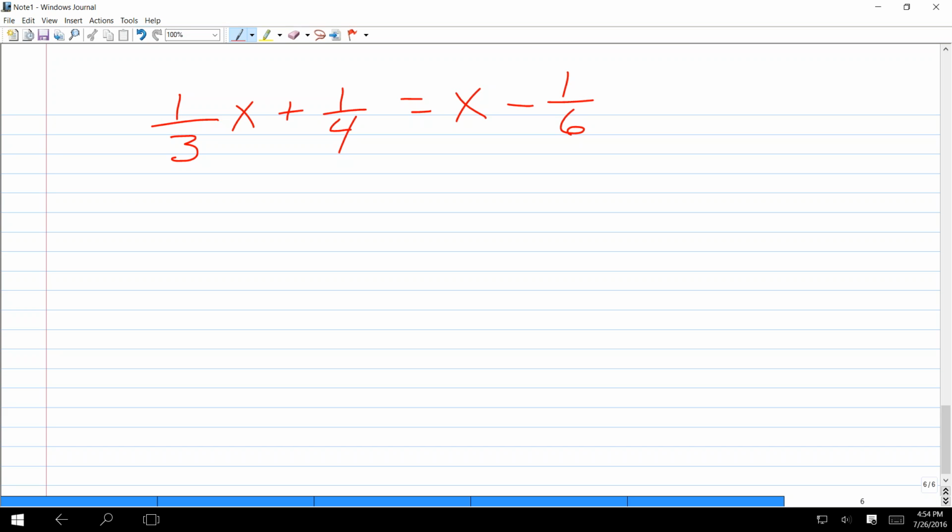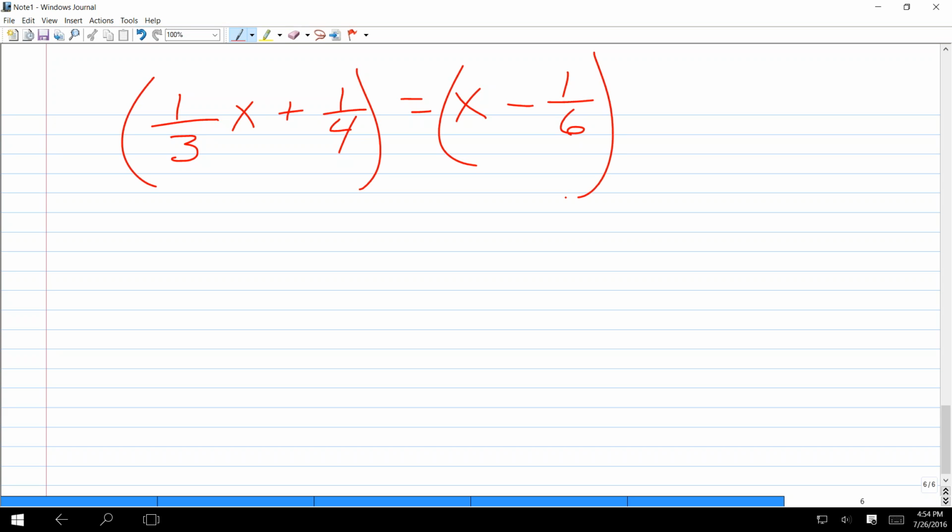So is there a number that I can multiply the left side by and the right side by that gets rid of all denominators? The denominators are what make this problem complicated looking. So if I can get rid of all denominators in one step, let's do it. What can I multiply the left side and the right side by to get rid of all denominators?